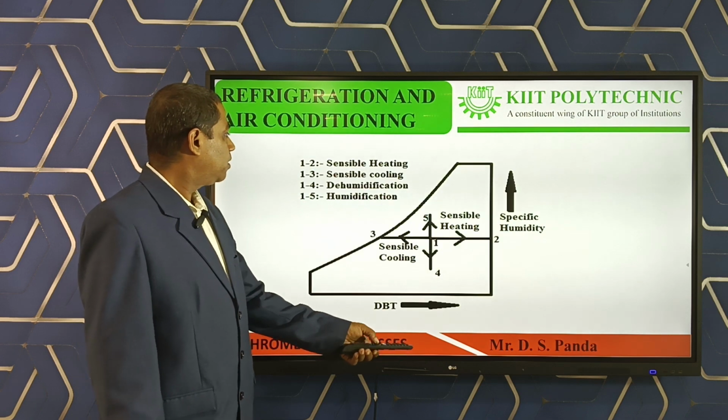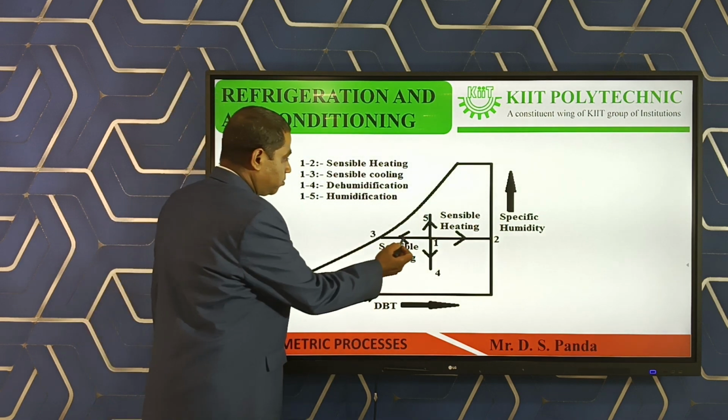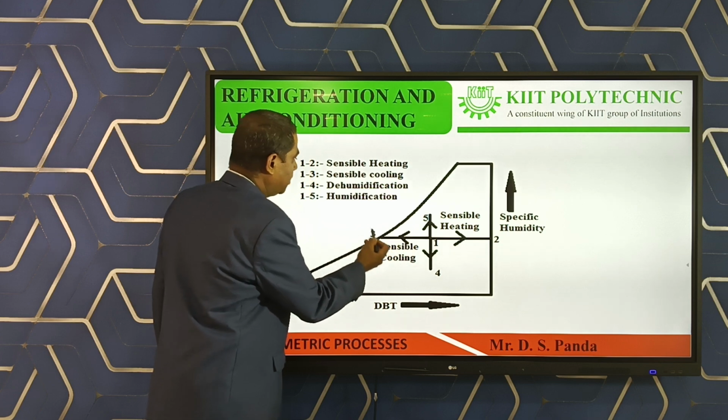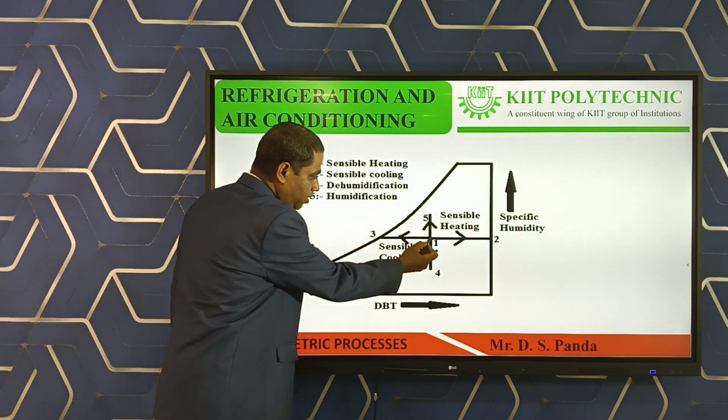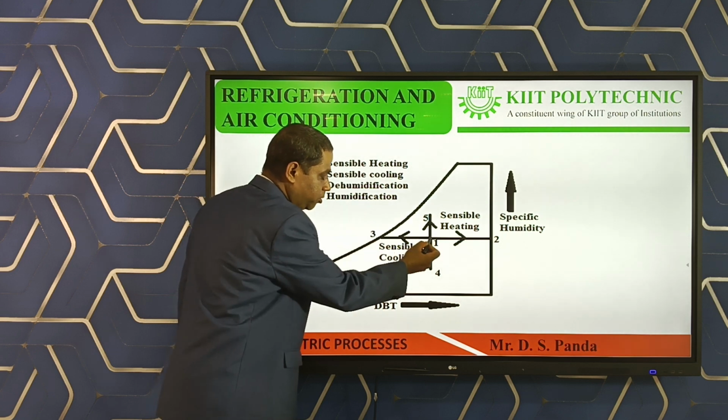The process 1 to 3 is sensible cooling, keeping the same specific humidity.